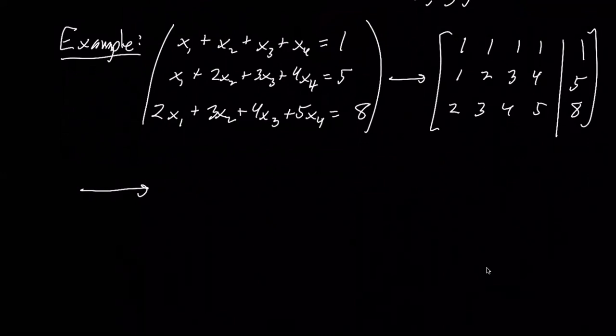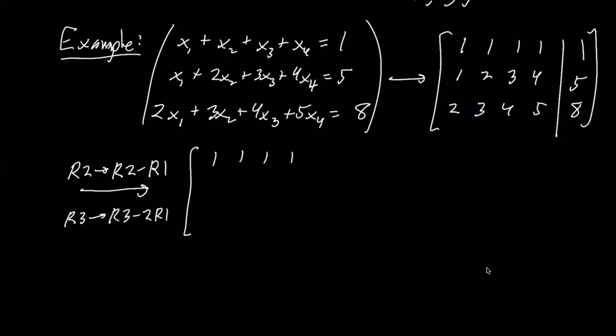Row 2 is row 2 minus row 1, and then row 3 is row 3 minus twice row 1, right? Because we're going to clear out this 1 and this 2 right here. If we do that, again, pause frequently, check the arithmetic here. I think you get the following.